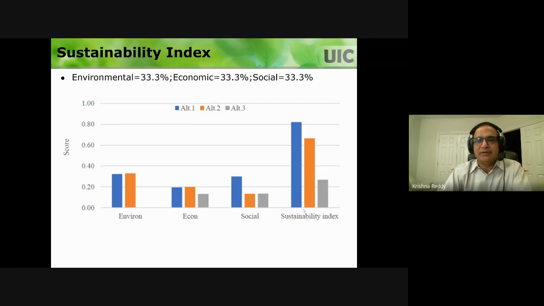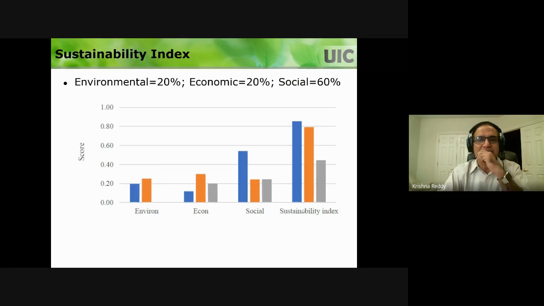And all these things can be done before you actually construct the project. In this case, we constructed one alternative, and we are evaluating whether that is sustainable or not. And luckily, our assessment shows that it is sustainable. But if you are doing a new project where you haven't constructed anything, you can rationally do this analysis and recommend the one which is sustainable.